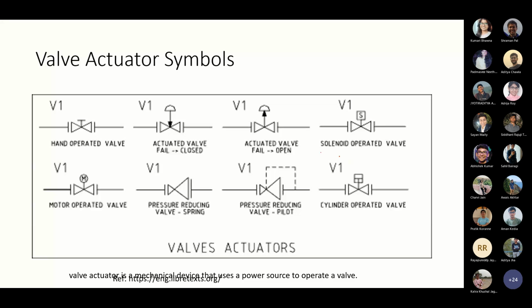If you use solenoids, electrically operated, using electric power, to move the spring up and down, this is a solenoid based valve. We also have motor operated valves, and pneumatic pressure valves, pressure reducing and pressure increasing.